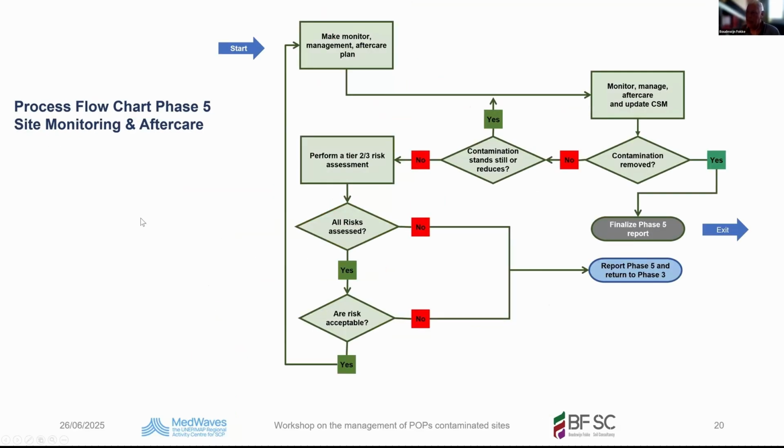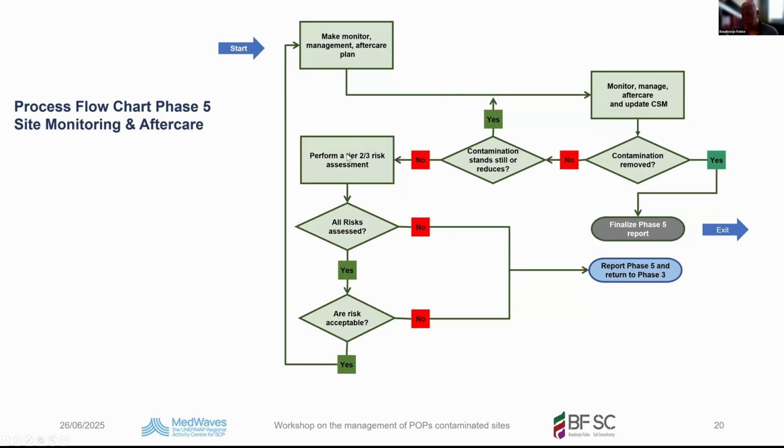Then number 5, the flow diagram of the monitoring and aftercare. Make a monitoring management and aftercare plan, monitor and aftercare, and update your conceptual site model. And if the contaminants are removed, yes, you finalize, you go outside. If not, contamination stands still or reduces, then you just continue.